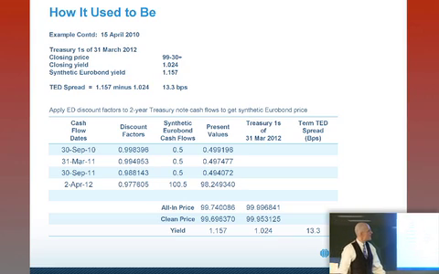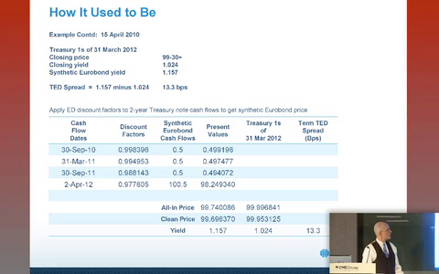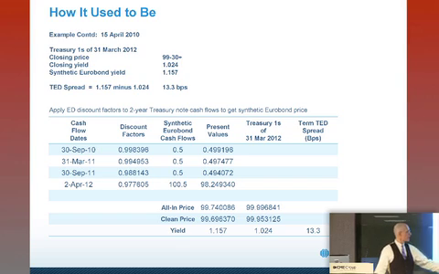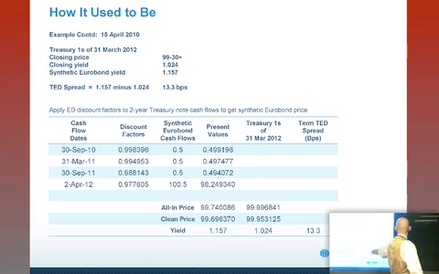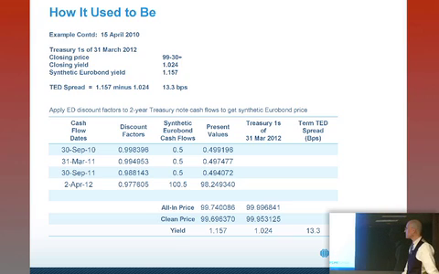The Treasury ones of March 12 were in fact yielding 1.024, so bingo, there's a 2-year TED spread in yield terms, 13.3 bips.